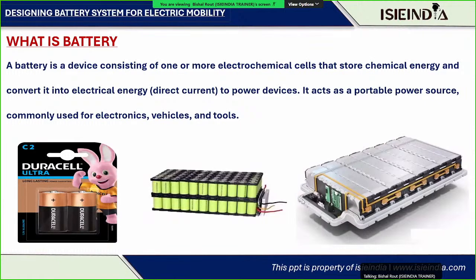It stores chemical energy and gives electrical energy when required. When you charge it, we give it electrical energy and it stores that in the form of chemical energy. Once you discharge it, it gives that chemical energy back as electrical energy. So it is a direct current source, a DC source.